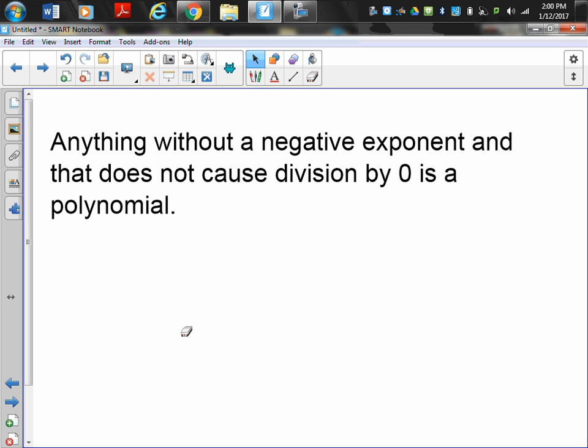So anything in math that does not have a negative exponent and does not cause division by 0 is a polynomial. Say that one more time. Anything that does not have a negative exponent and does not cause a division by 0 is a polynomial. All right.